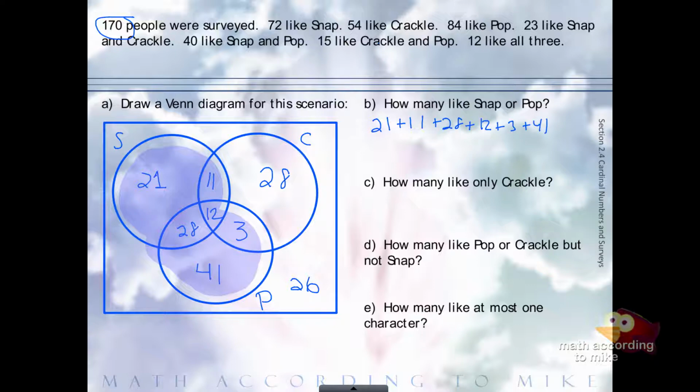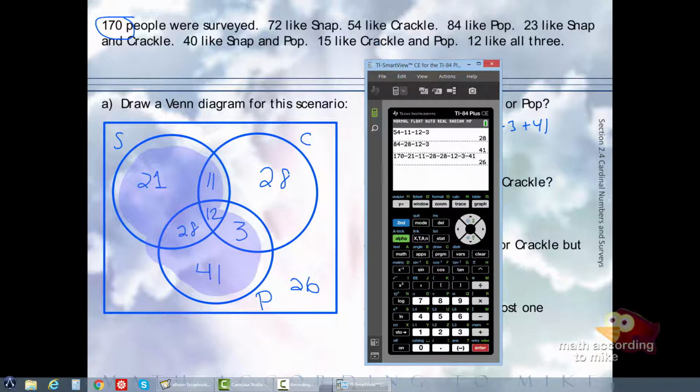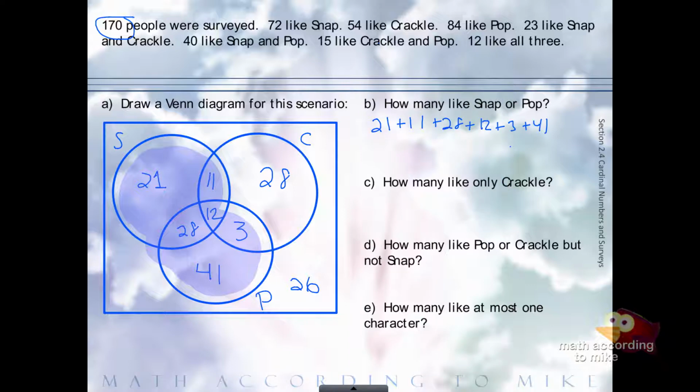Make sure that on a test I'll be asking you to add up the numbers or show me what numbers are being added, so that way I know that you know which sections you're pulling from. 116.